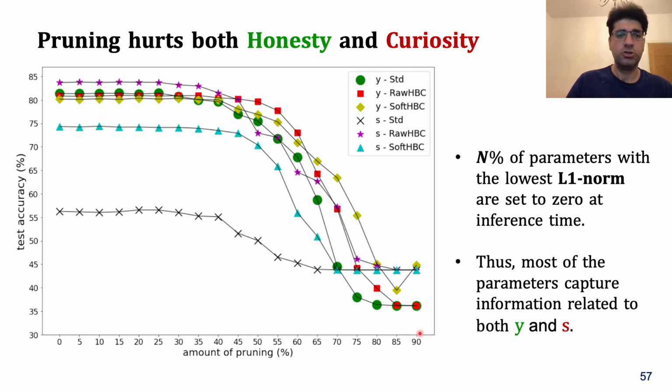The results show that pruning hurts both honesty and curiosity in the same manner. So it's not easy to distinguish whether pruning some part of the model can hurt curiosity more than honesty.